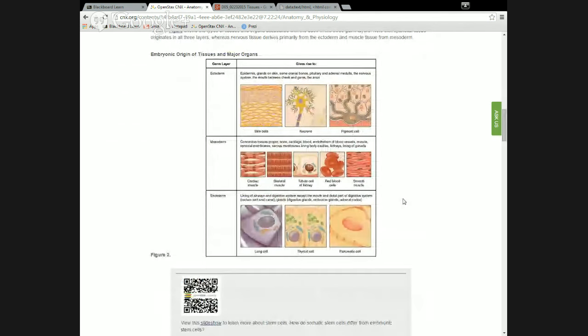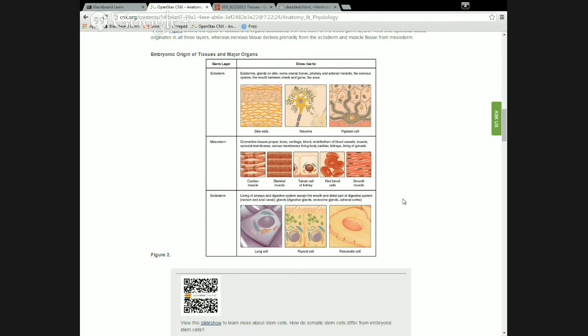The types of tissues we're talking about today, or at this point in the course, are really the mature tissues that we see in the adult body. And really at this level, adult down to child and newborn, the tissues are all kind of established by that point.